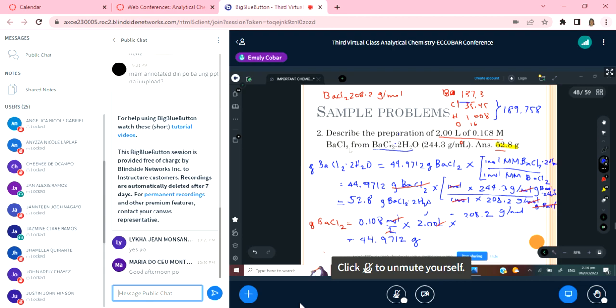So, minsan kasi class, mga hydrated compounds, yung commonly available. At saka mas mura yon kesa dun sa anhydrous. So, therefore, kung ganito ang meron ka sa stockroom, barium chloride dihydrate, pwede ka pa rin mag-prepare ng barium chloride solution. Okay? So, how will you prepare this.